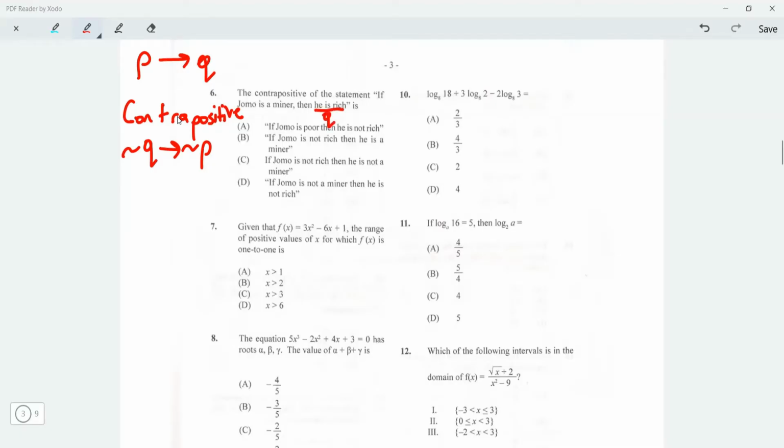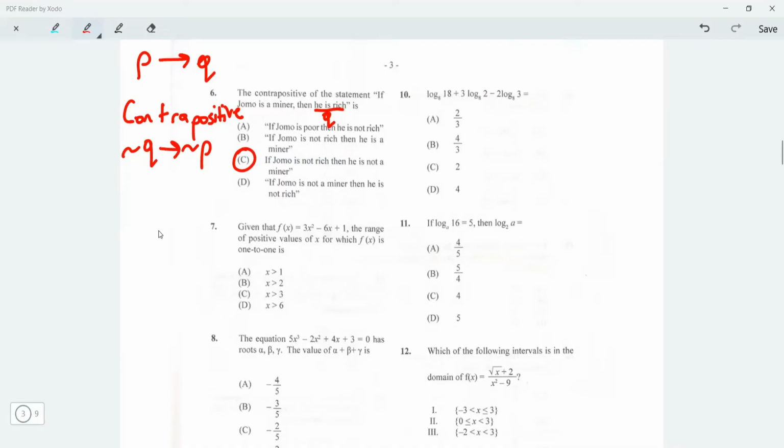So if Jomo is not rich, then he is not a minor. That's option C. Good. All right, number 7 says, f of x is 3x squared minus 6x plus 1.